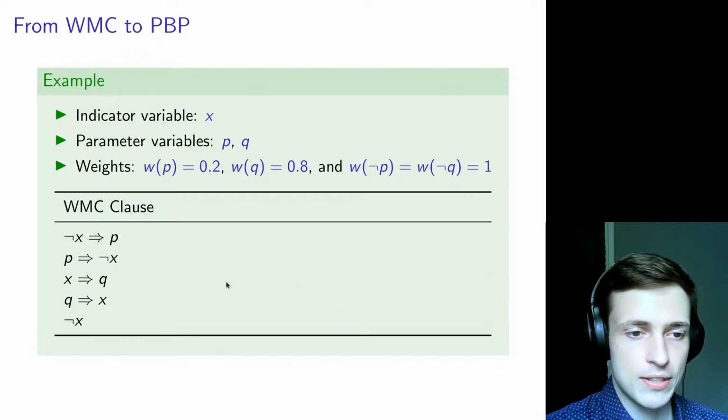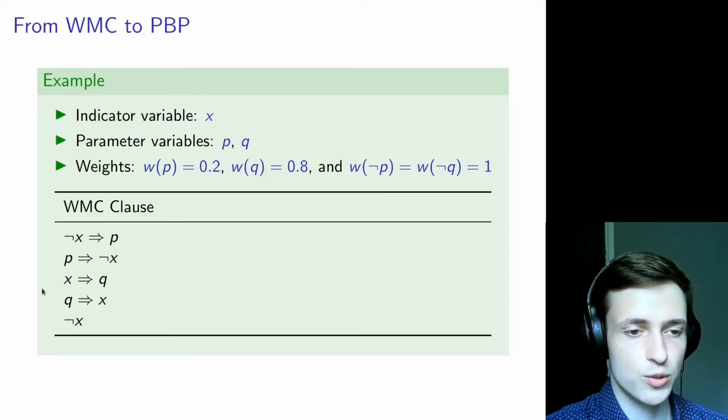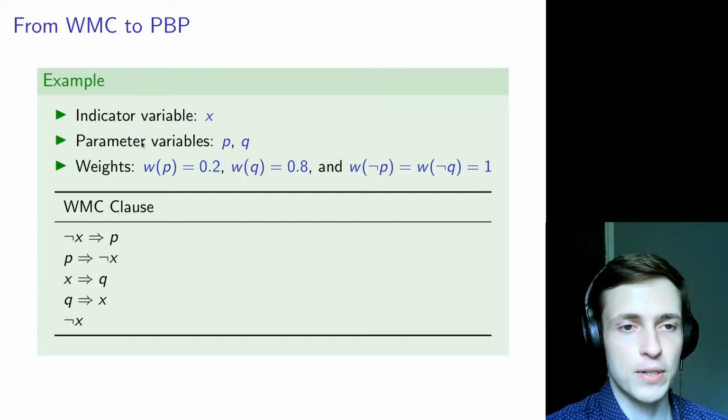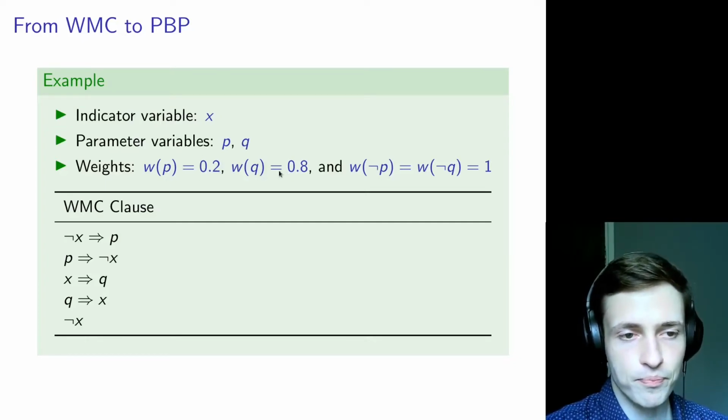Let's take an even simpler example. This is a WMC encoding of a Bayesian network with just one random variable that has 2 values. And so the encoding has one indicator variable, 2 parameter variables, and some weights defined on these parameter variables.